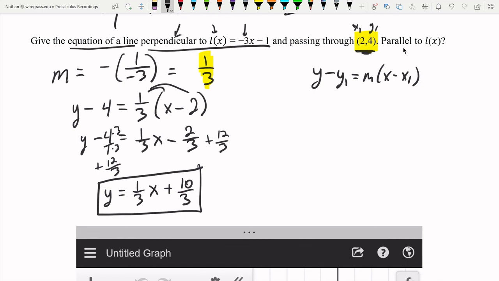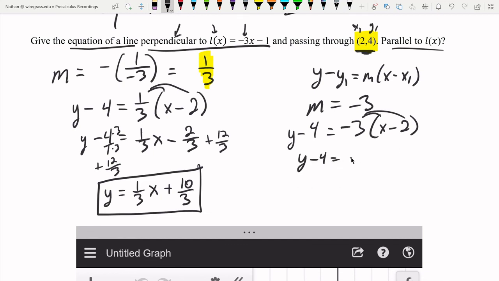Next, it asks, instead of perpendicular, what if it's parallel? Parallel lines have the same slope, so we know our slope is now going to be the same thing as this one, -3. And pass through (2, 4), so y minus y1 is 4, m is now -3, x minus 2.